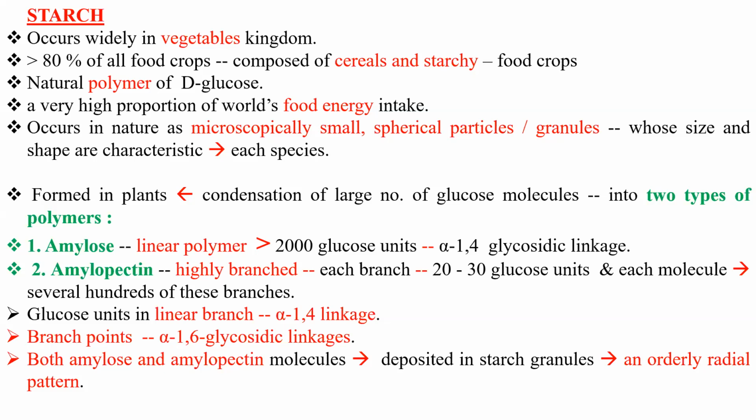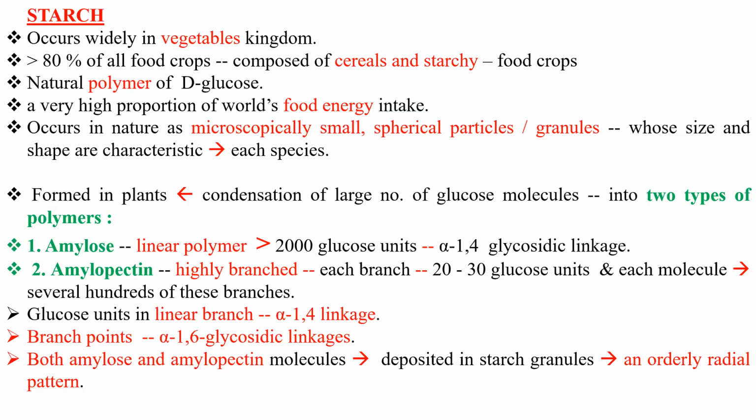Starch is formed in plants by condensation of a large number of glucose molecules into two types of polymers, that is amylose and amylopectin. As you know, amylose is a linear polymer which may contain more than 2000 glucose units. Each glucose unit is attached to another via alpha-1,4-glycosidic linkage, whereas amylopectin is a highly branched polymer.